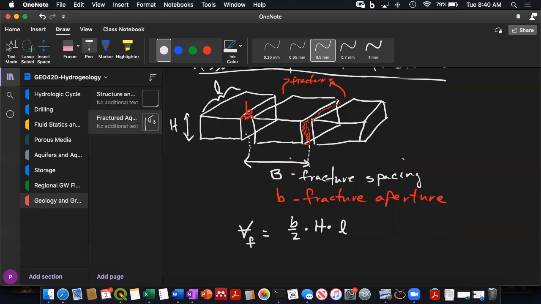And I've got in this cube here, I've got 2 of those. Right? I got this one on this side and I got this one on this side. So my volume of voids, or my volume of fractures, is 2 times b over 2 times H times L. And that equals b times H times L. That 2 and that 2 cancel, little b H L. All right, now I got to calculate the total volume of this cube.